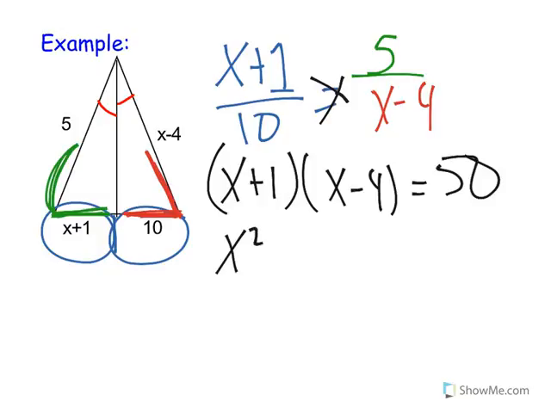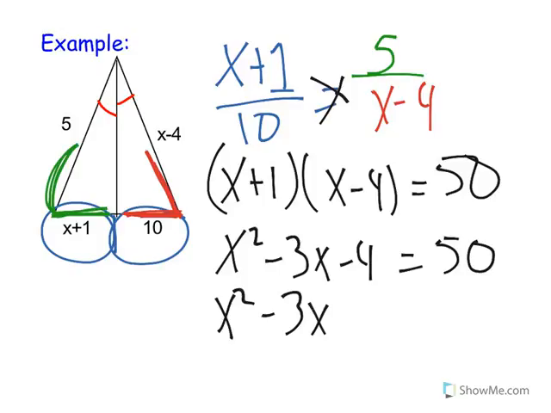FOIL. Subtract 50 so that it's equal to 0. And then see if you can factor.